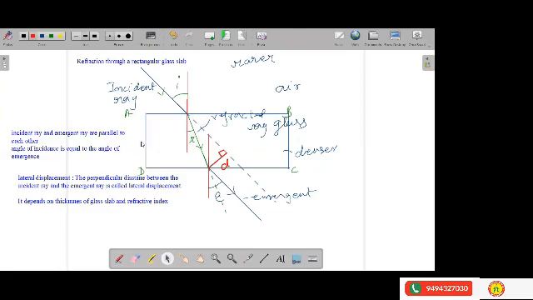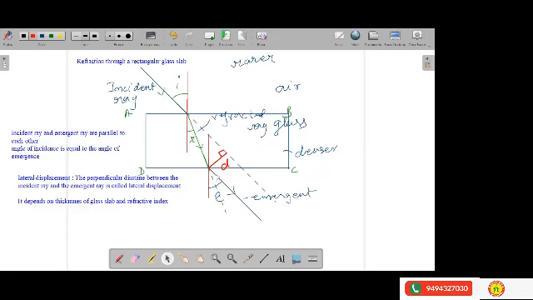There is a refraction that occurs, giving you the refracted ray. Now when the refracted ray reaches the opposite surface CD, the second refraction occurs.